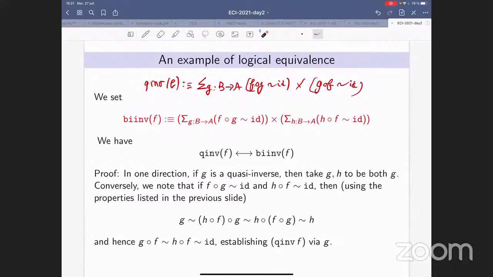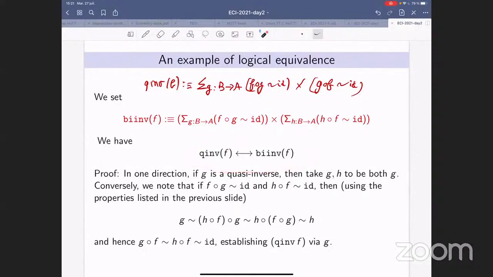Some types are propositions, some types are sets, some types are groupoids, and so on. So there are reasons not to identify these. But on the other hand, they are logically equivalent, and this is what I'm proving here just before the break. We cannot expect more than this, but this holds.